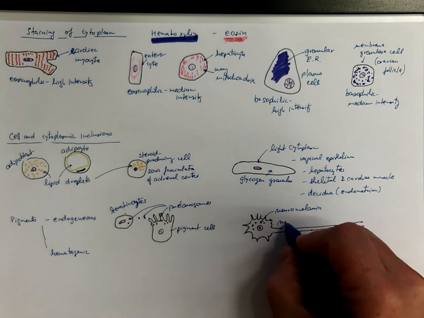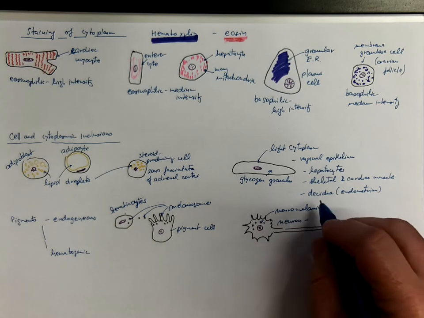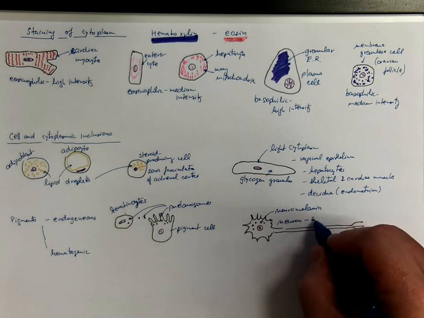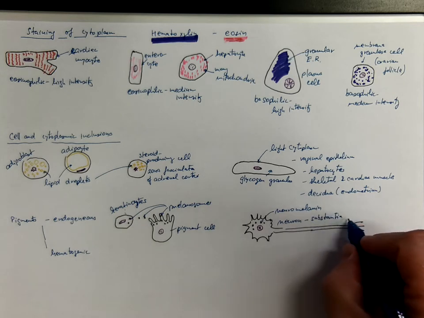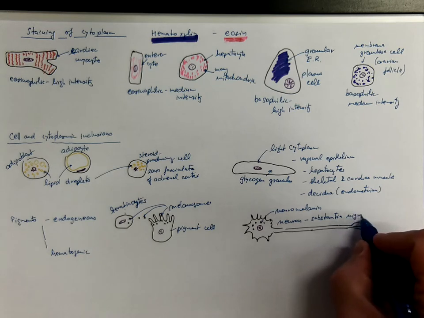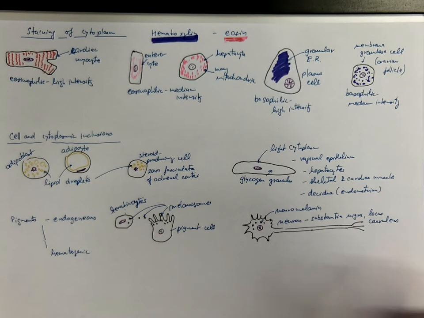And this is a neuron. Now, which neurons are doing that? For example, these are the neurons of the substantia nigra in the mesencephalon, or the neurons of a nucleus called locus coeruleus.